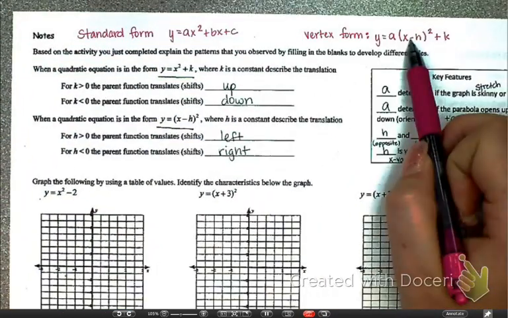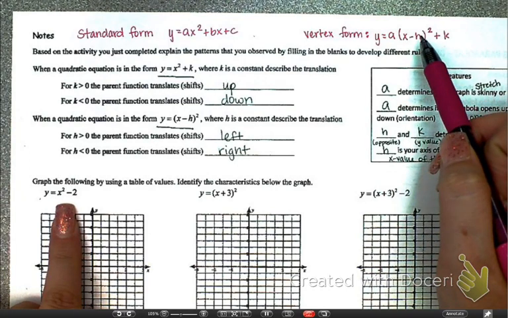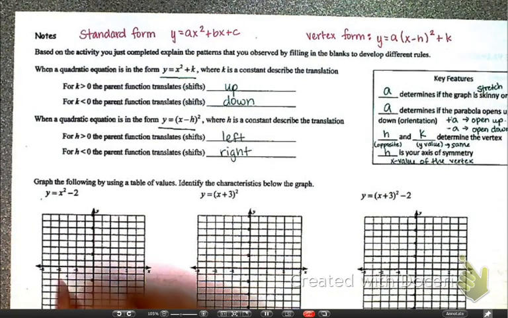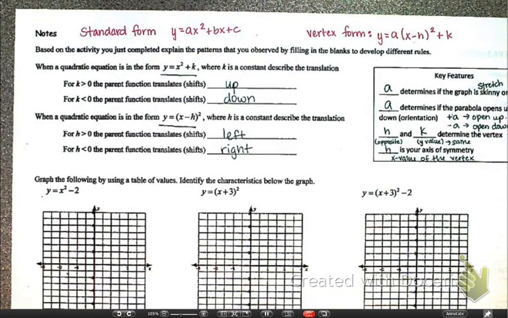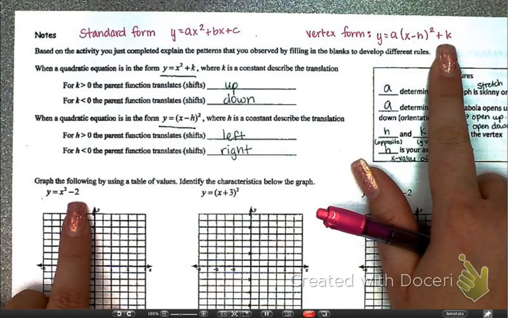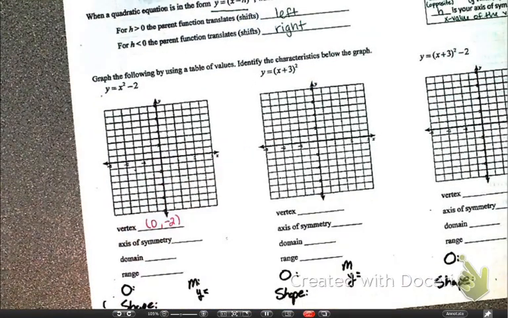If I come back up here, do I have parentheses? No. Which tells you your x value is 0. If there's no parentheses, your x value is 0. Do I have something added or subtracted at the end? Yes. That's this piece here. So that's where I get -2 from.